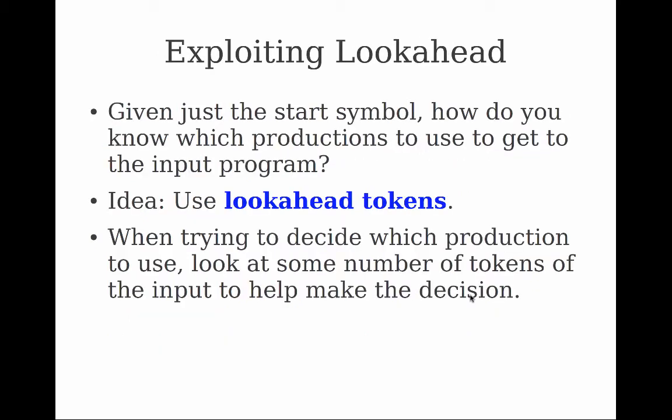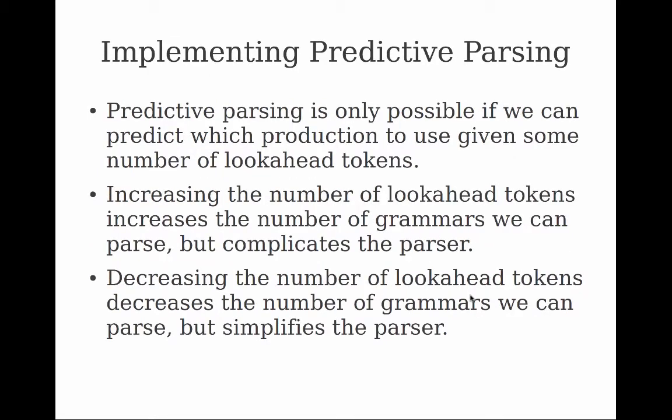Okay, so here's the idea of predictive parsing. They exploit look-ahead. Given just the start symbol, how do we know which productions to use to get to the input program? Well, we look ahead at the tokens that we haven't yet encountered. So when trying to decide which production to use, we look at some number of tokens of the input to help make the decision. One of the issues with implementing this idea is that we have to have some number of look-ahead tokens that we have access to.